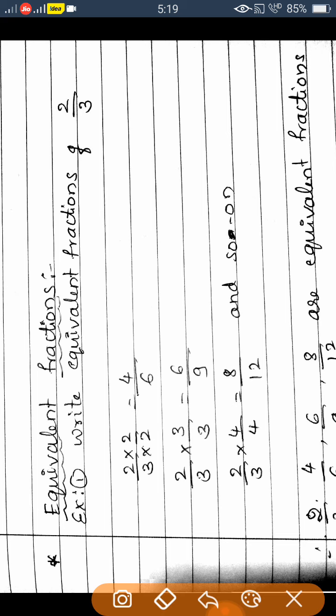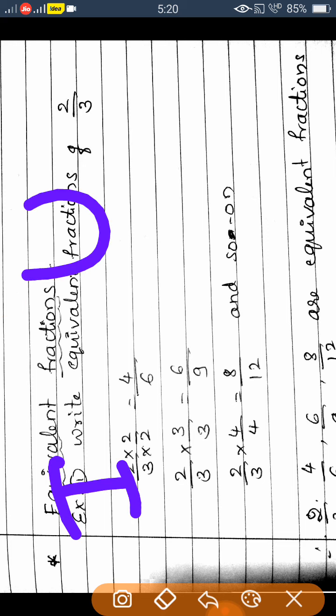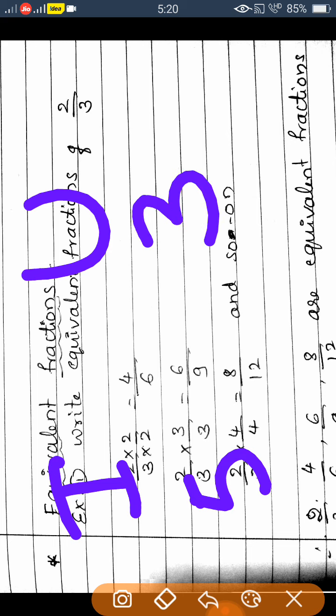Equivalent means fractions which are equal to some other fraction. Then how can we find the equals? See, equal means, I have 5 rupees, and you have 3 rupees. If you want to distribute equal amounts, you must distribute.